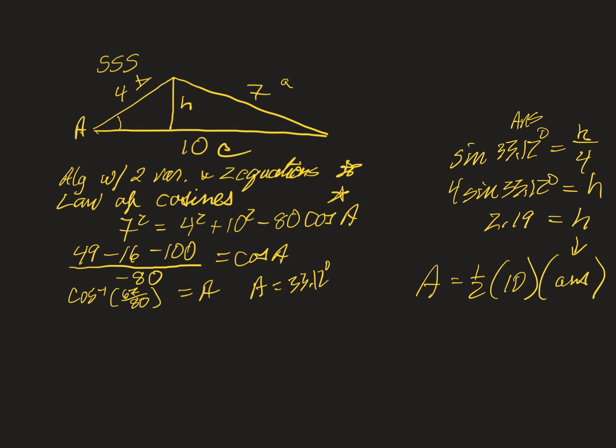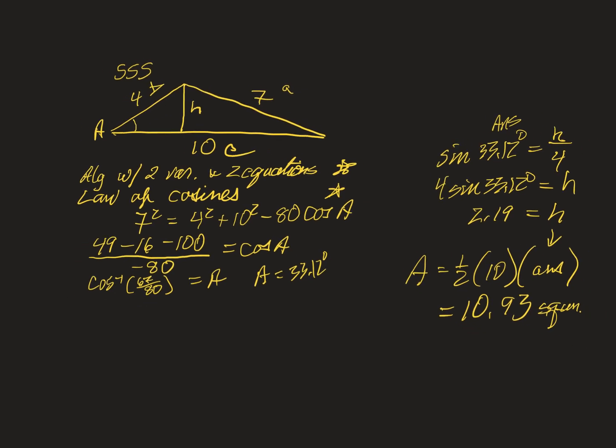And so I can do that, that's 5 times my answer. And that's equal then to 10.93 square units for the area. So that's the law of cosines approach.